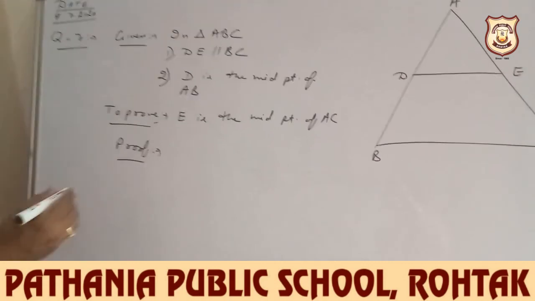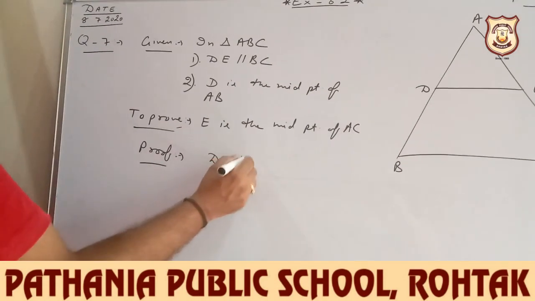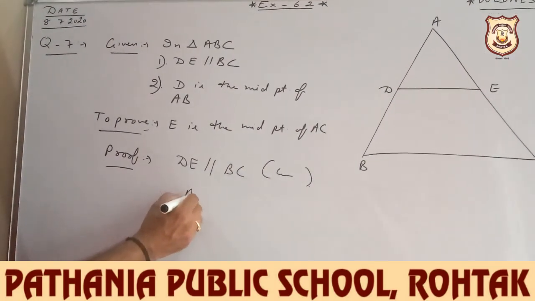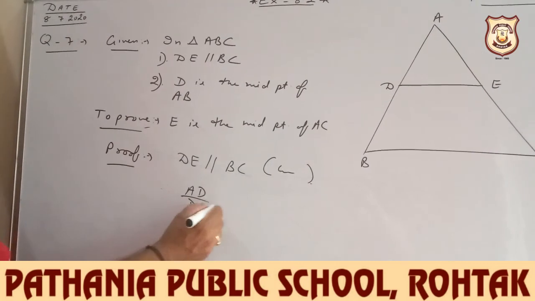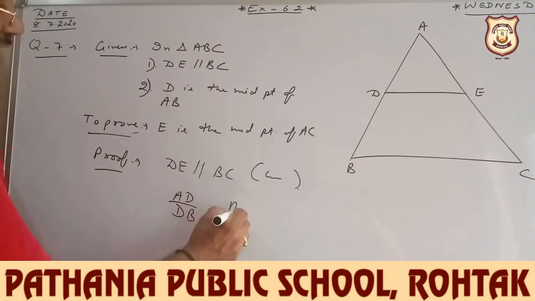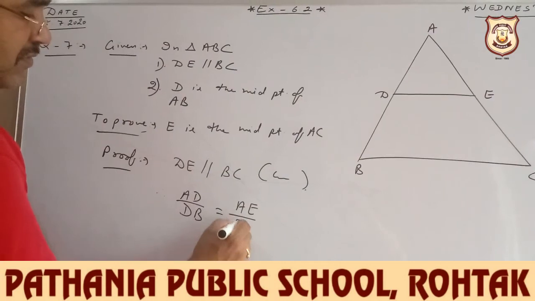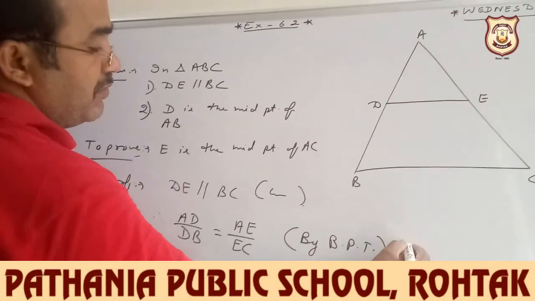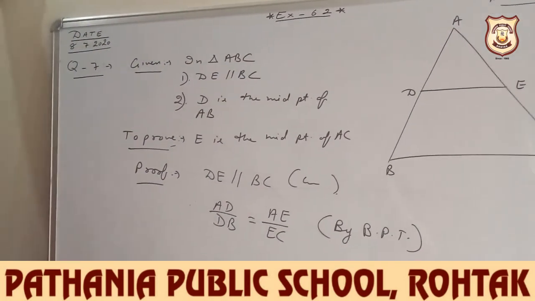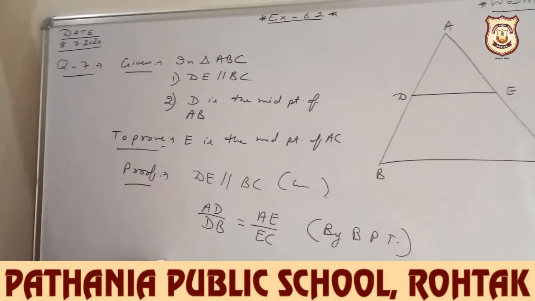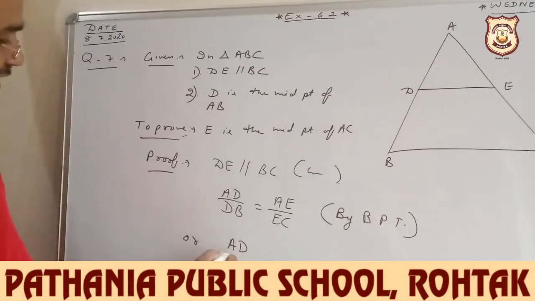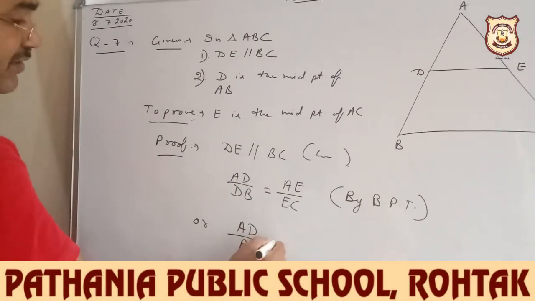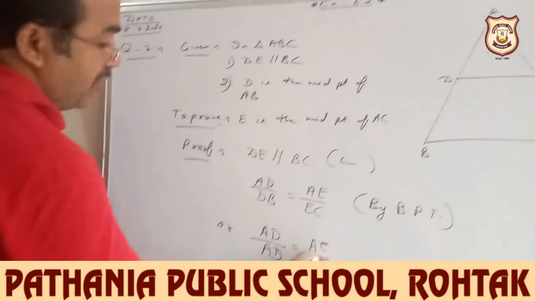To prove, you can write E is the midpoint of AC. Proof. See student, DE parallel to BC, it is given, therefore AD upon DB equal to AE upon EC. Why? By BPT.